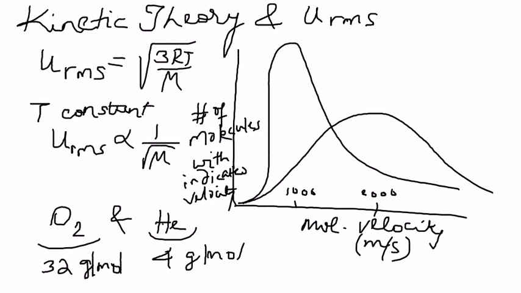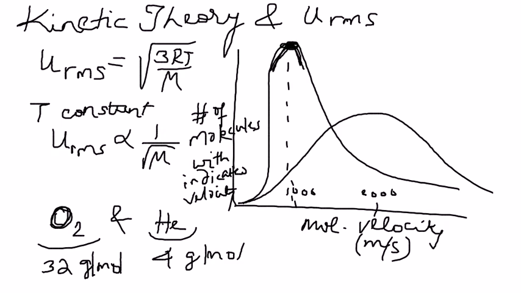That means the average velocity of oxygen is going to be lesser as compared to that of helium, and one can say that at the same temperature, the number of molecules that will have this velocity of 1000 or so is going to be lesser, which is why you have such a narrow, thinned out graph.